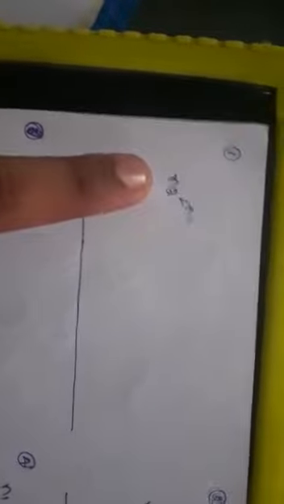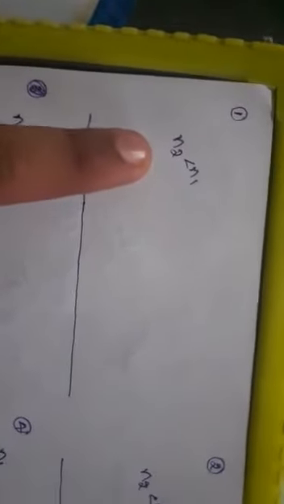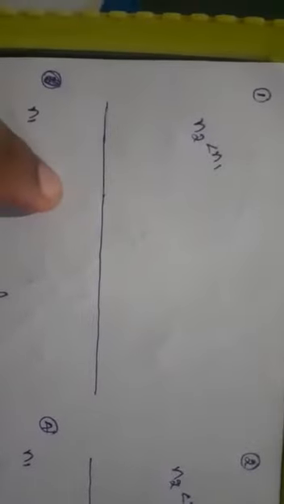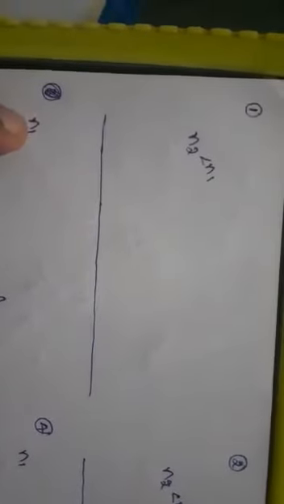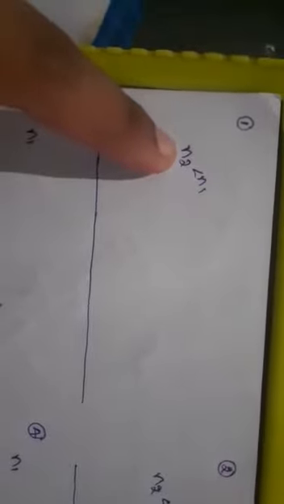If you see this figure, it has two materials. The first material has refractive index n1, and the second material has refractive index n2, which is less than n1.